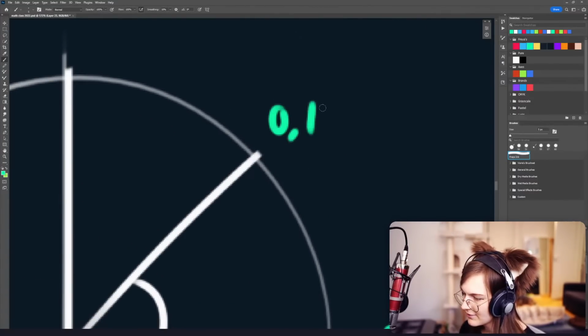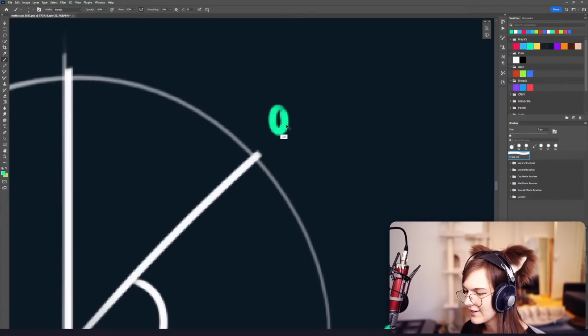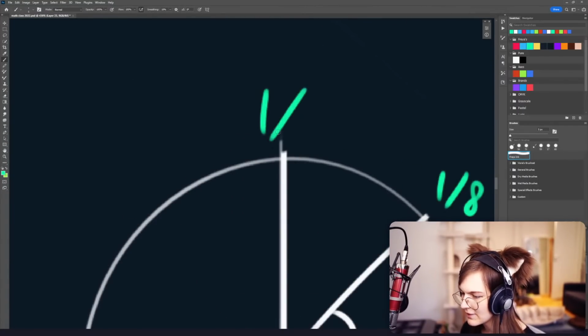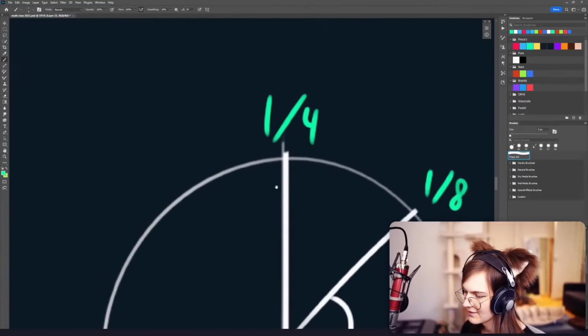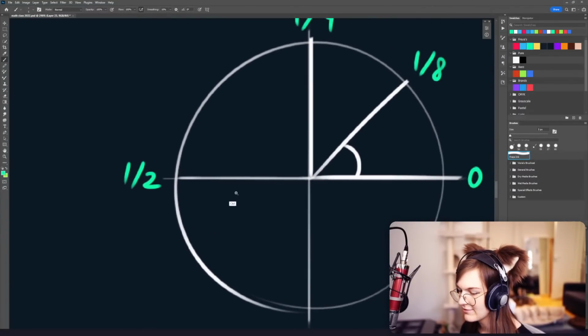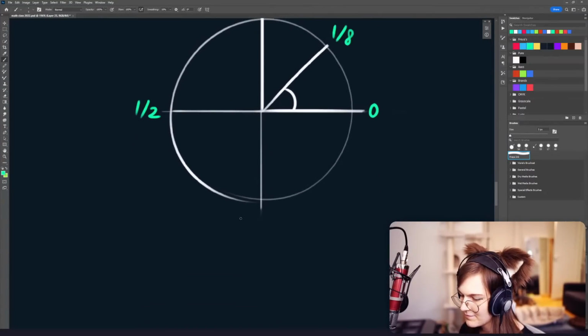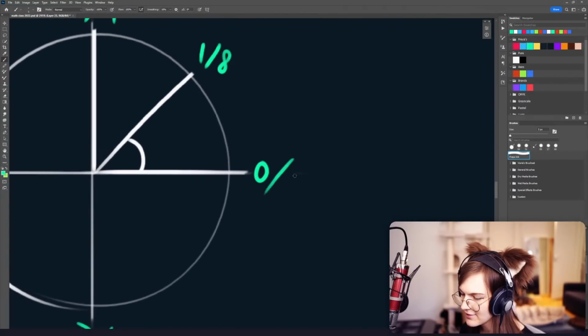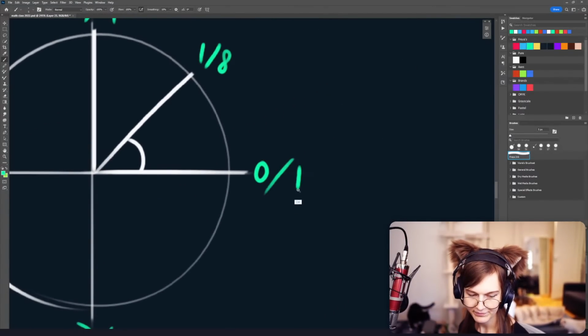So 0.125, or more accurately, it would be 1/8. And this would be 1/4. And then we would have 1/2, or 0.5. And here we would have 3/4, and so forth. And then finally, when we get back to the beginning, we have a value of 1.